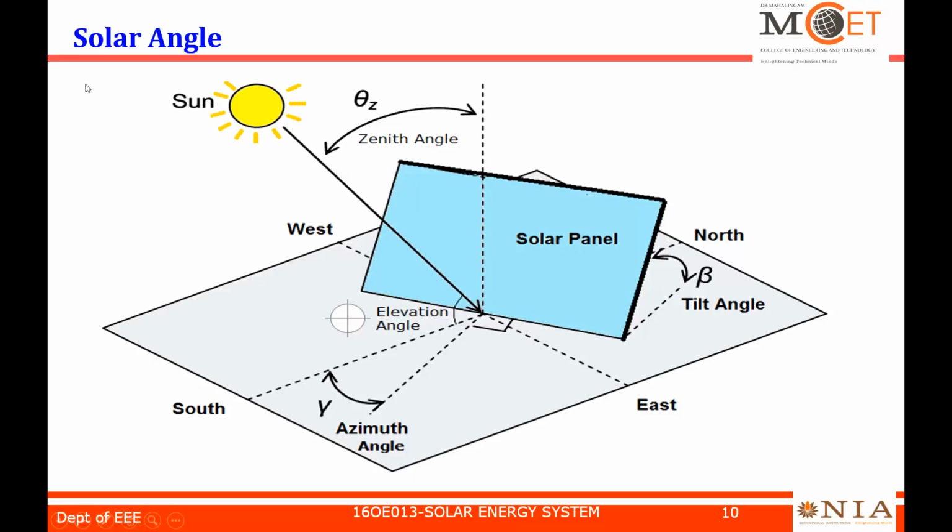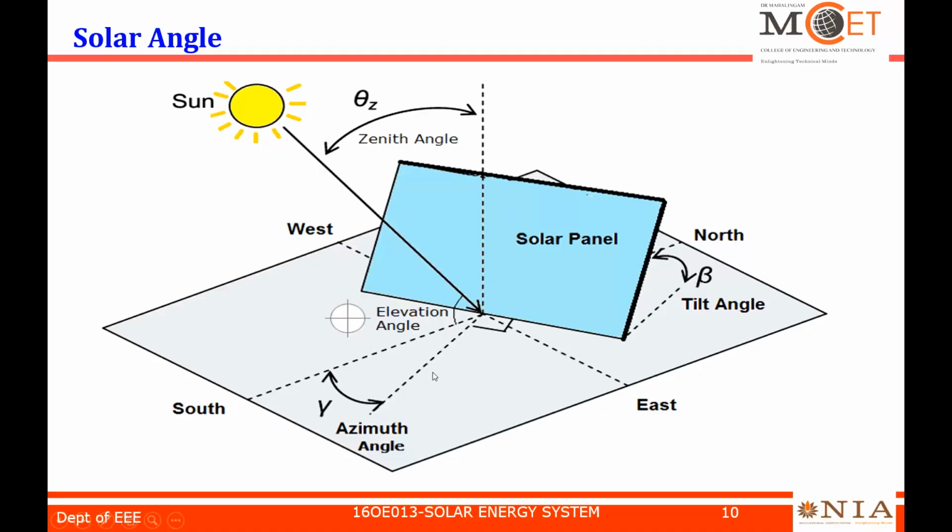Solar angles. So far we have discussed different solar angles: azimuth angle, zenith angle, tilt angle, elevation angle. Tilt angle is the angle between the ground surface and the panel, known as tilt angle beta.